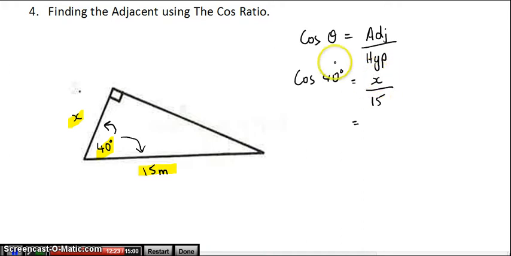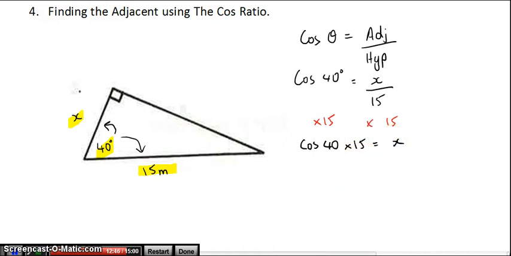We want to get x by itself, so we can do our rearranging of our equation. Here we have x being divided by 15, so we must multiply by 15 both sides. And we get cos 40 times 15 is equal to x.